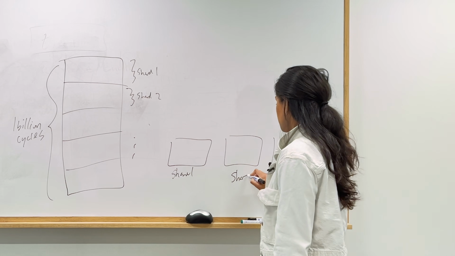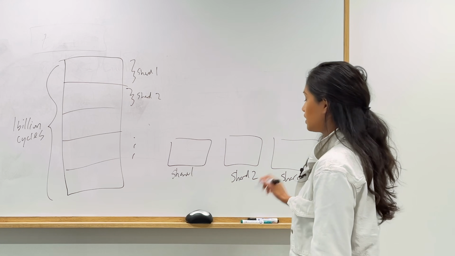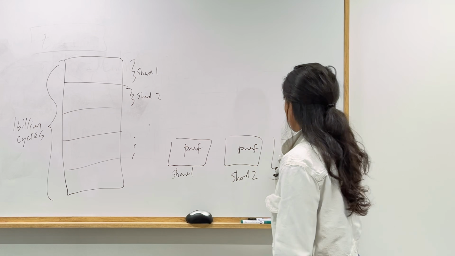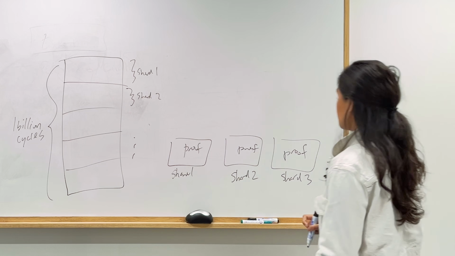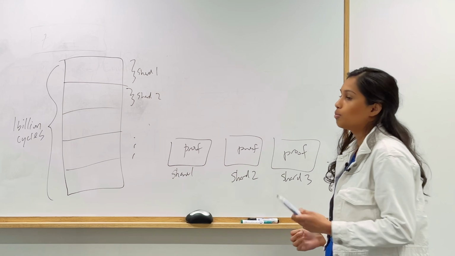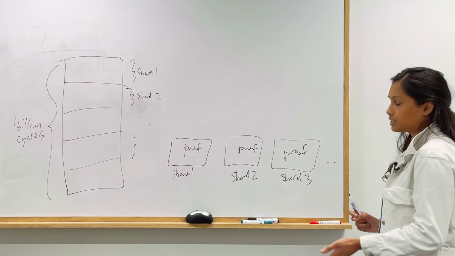I have shard 2, shard 3, and then each of these has a proof. So this is a proof, this is a proof, this is a proof. And then the bad part about this is now I have a bunch of proofs. So it's not that succinct, right? The whole point of a zero knowledge proof, well, there's 2 points. One is it's zero knowledge, so it's privacy preserving.